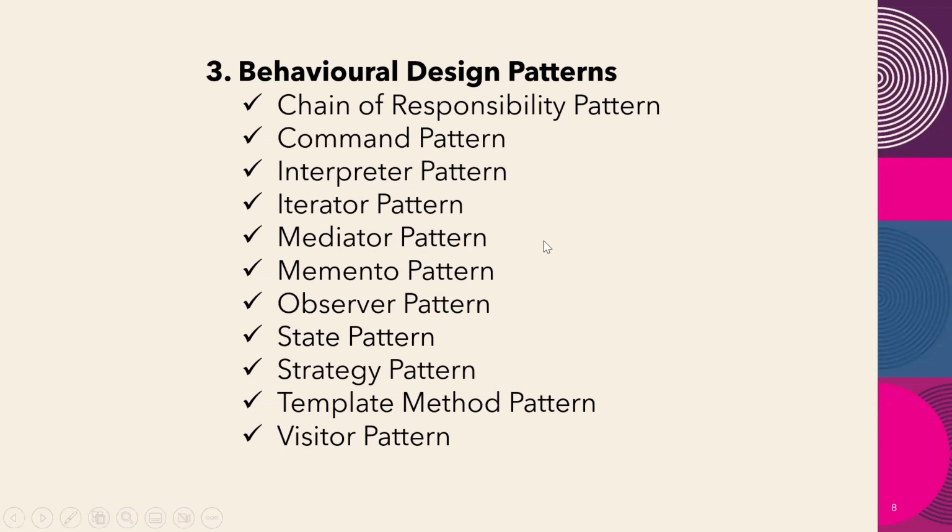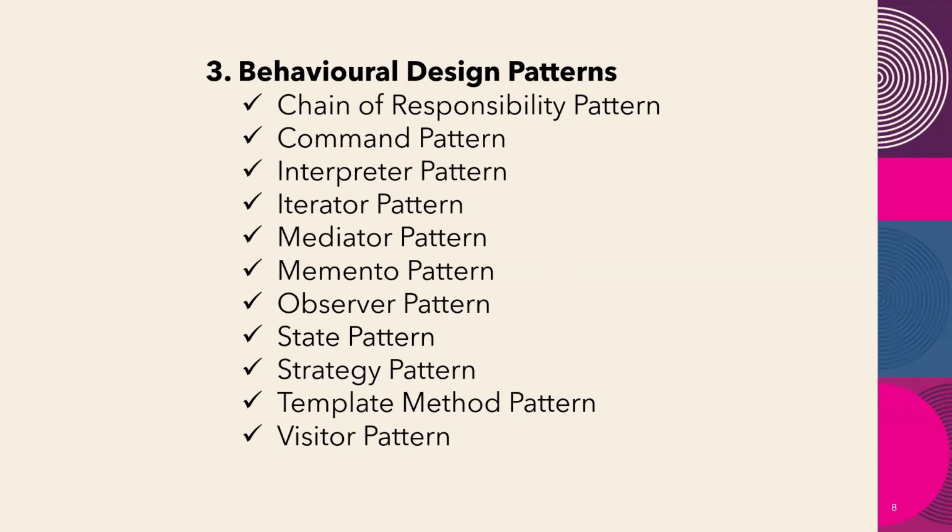Okay. Under this pattern category, we have the following patterns: chain of responsibility, command, interpreter, iterator, mediator, memento, observer, state, strategy, template method, and visitor pattern. So there are a total of 11 patterns under this category.